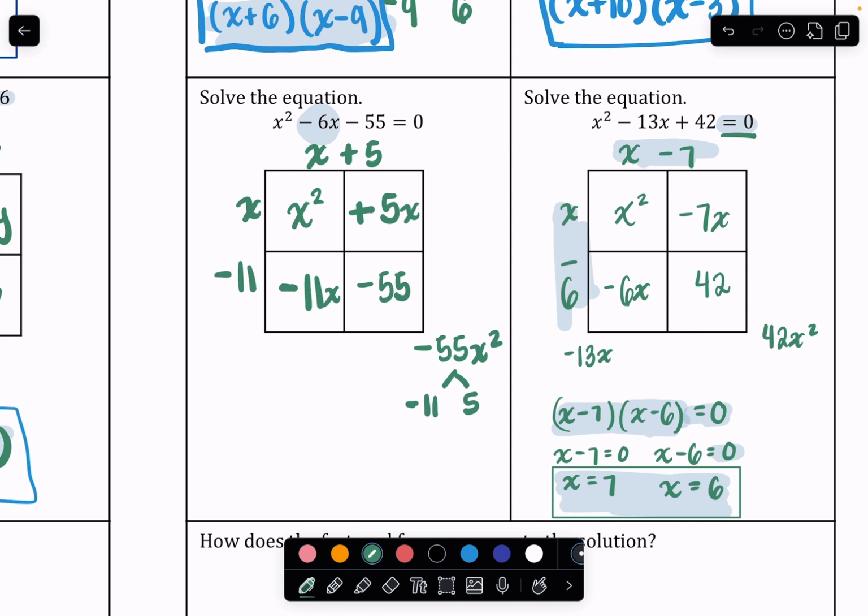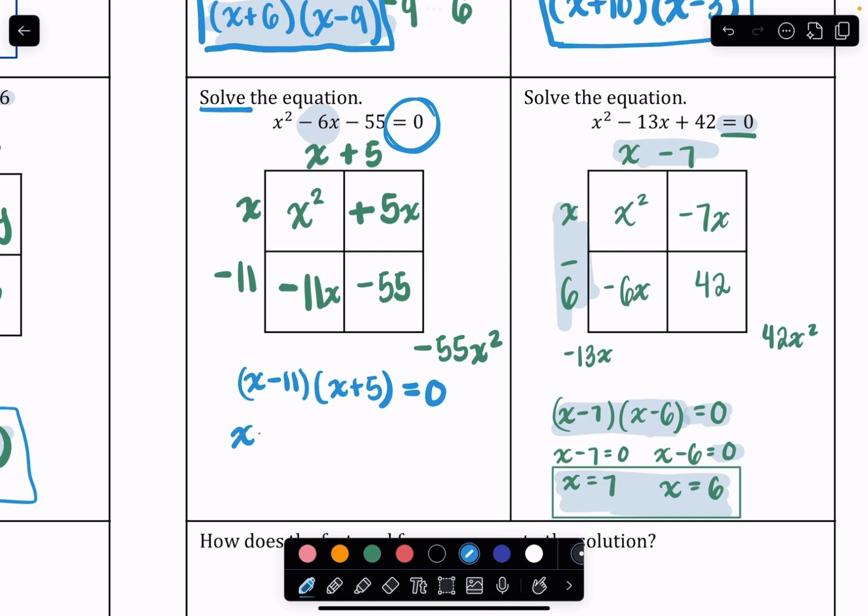Now I'm not done yet. I found my factors. I'm going to erase this just so I have a little bit more room. I found my factors, but notice I have this 0 over here. So if you have something that says solve, or if you see something that says equals 0, we have to take this a step further.